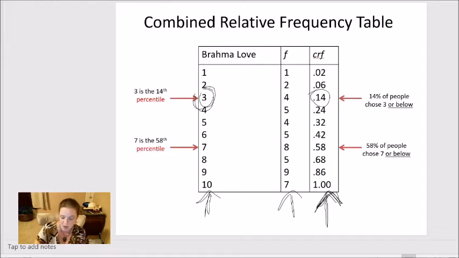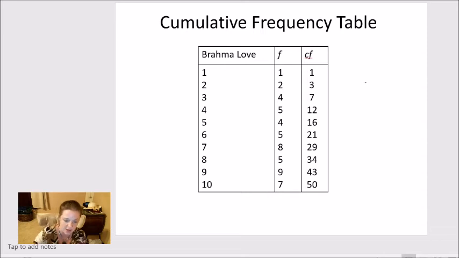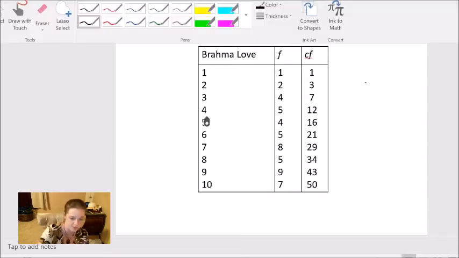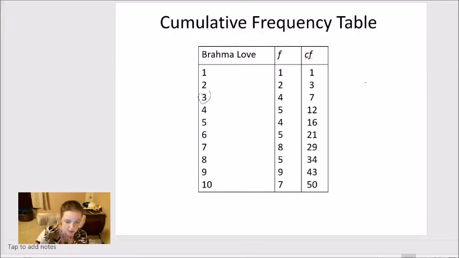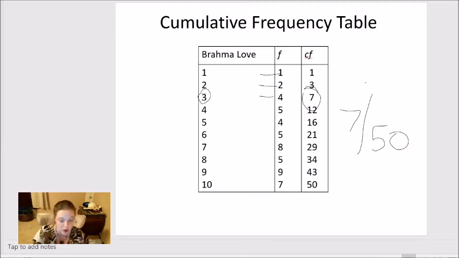If we go back to this slide, we see you have the score of 3 here, and 4 people chose 3, 2 people chose 2, and 1 person chose 1. And so there were 7 people who chose either 3, 2, or 1. If we take 7 and divide it by the total number of people, that gives us the proportion of people who chose 3 or below.